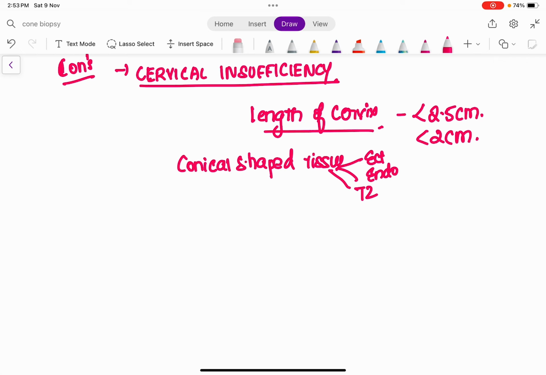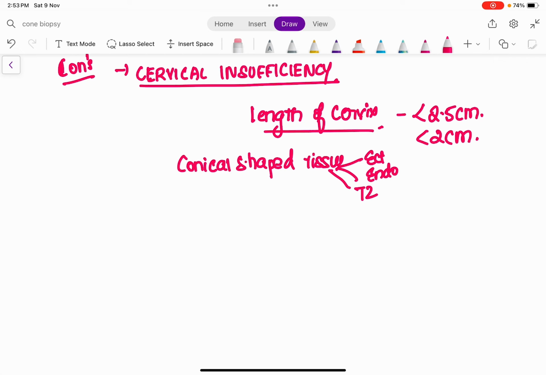So because of the cervical insufficiency, the patient can have labor in the preterm period. Term is between 37 to 41 completed weeks, but any labor which occurs at less than 37 weeks is going to be called preterm labor, right? So around 28 to 36 weeks is preterm.